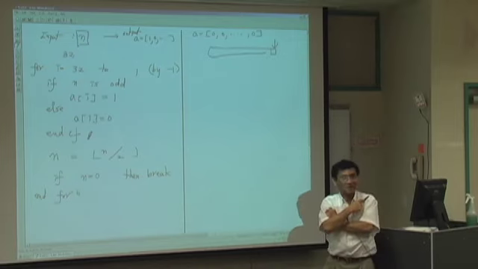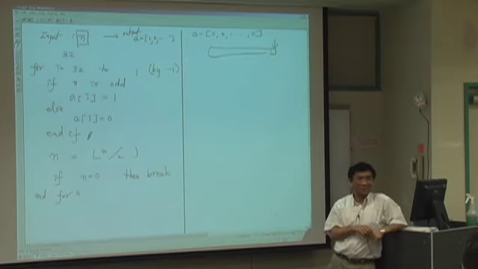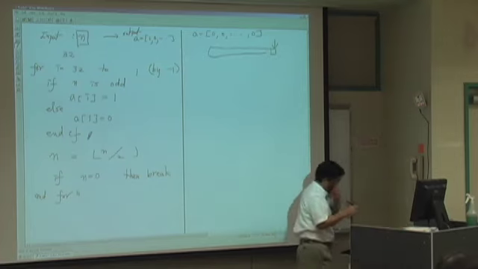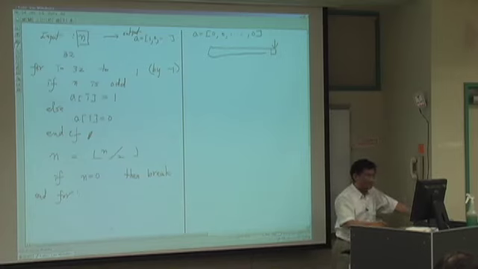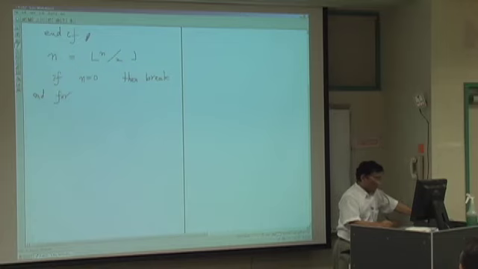Now, the next thing is inversion and adding 1. If you have a question about these things, ask me. Then the next thing is this one. For I equal to 1 to 32 or 64, it doesn't matter, right?